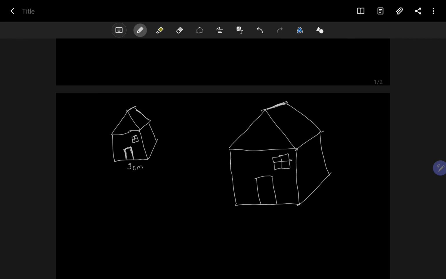And how tall do we want this to be right there? 5? Needs to be a little bit taller. That's a really tall person. 7. Yeah, 7 centimeters seems reasonable.